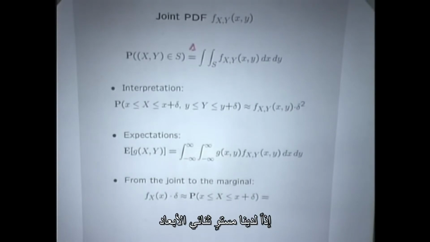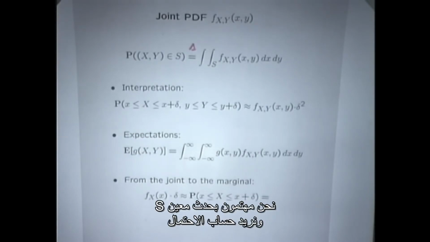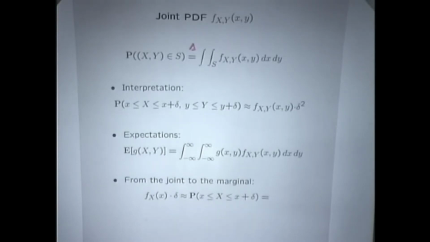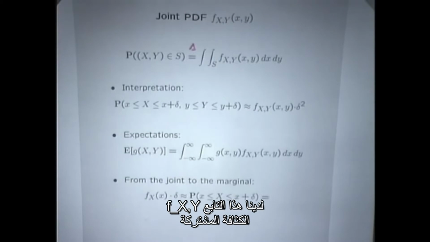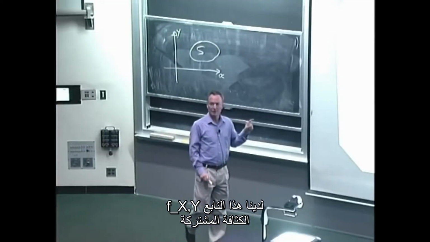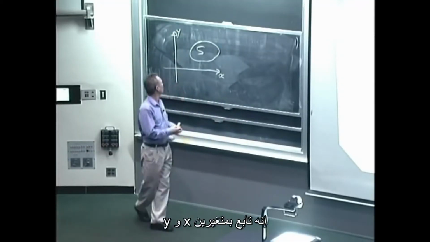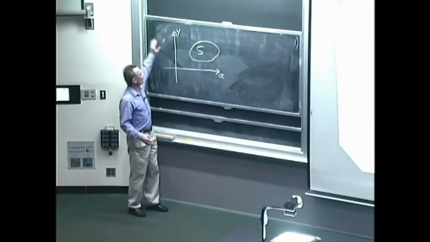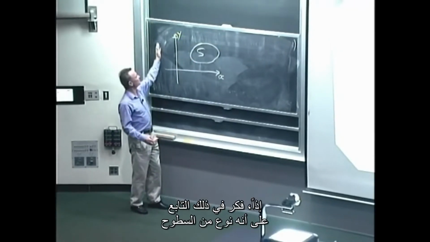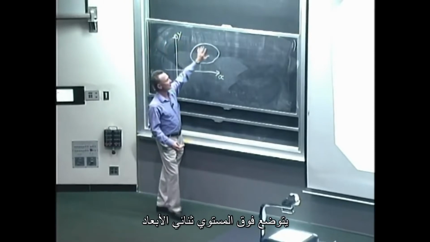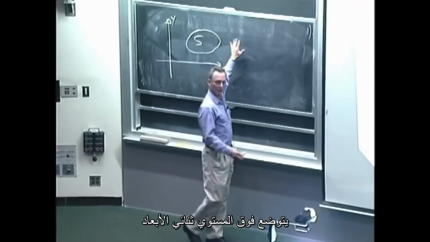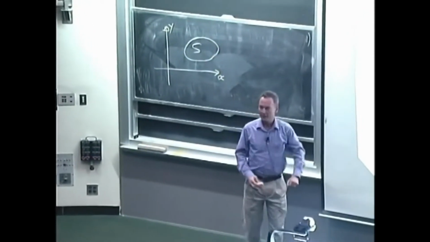So we have our two-dimensional plane. This is the xy plane. There's a certain event S that we're interested in. We want to calculate the probability. How do we do that? We are given this function f sub xy, the joint density. It's a function of the two arguments x and y. So think of that function as being some kind of surface that sits on top of the two-dimensional plane.